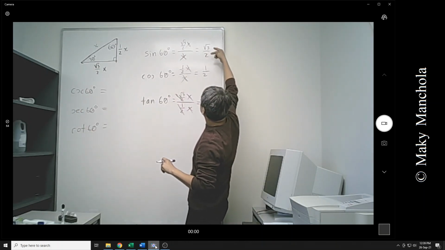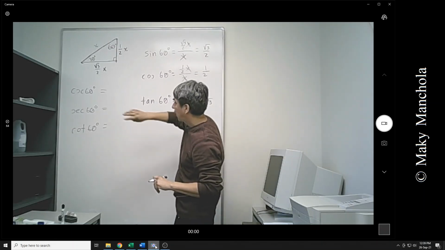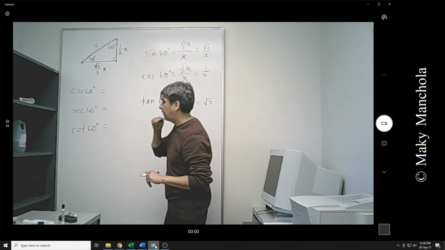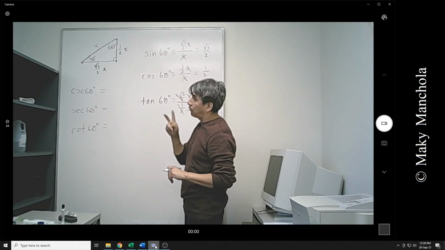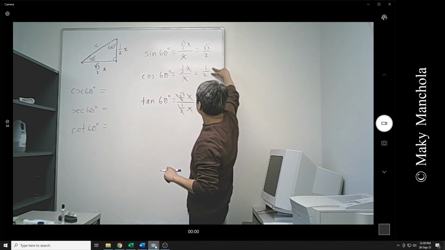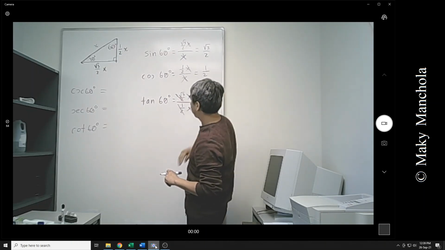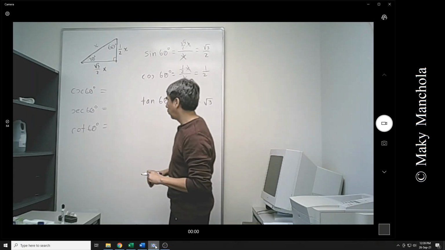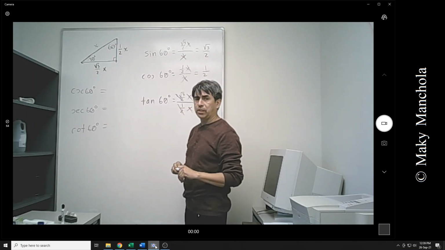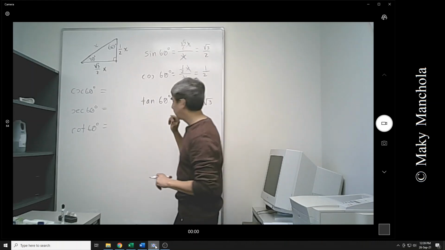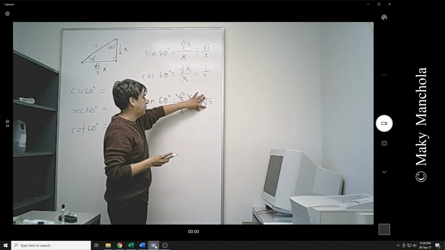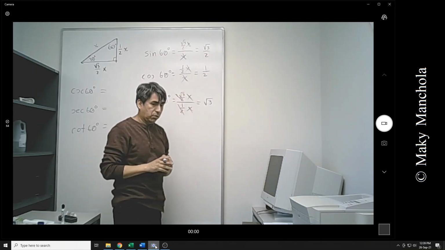In that case, it will be 2 over the square root of 3. Secant of 60 degrees is the reciprocal of cosine of 60 degrees, which will be 2 over 1. And finally, the cotangent of 60 degrees, which will be the reciprocal of tangent of 60 degrees, and the reciprocal of root of 3 will be 1 over the square root of 3.